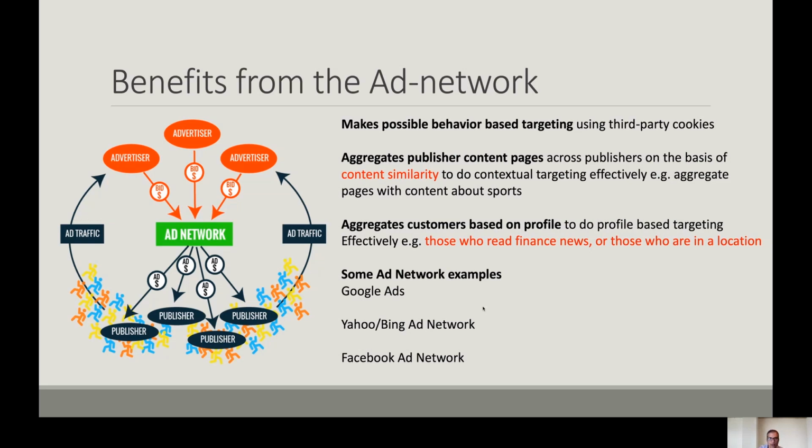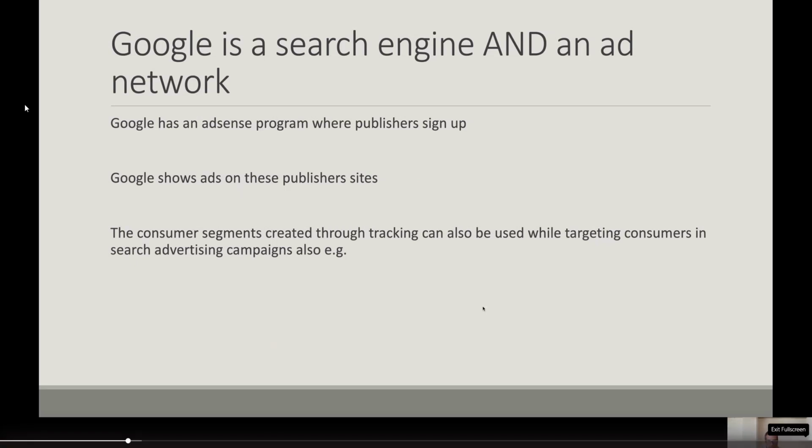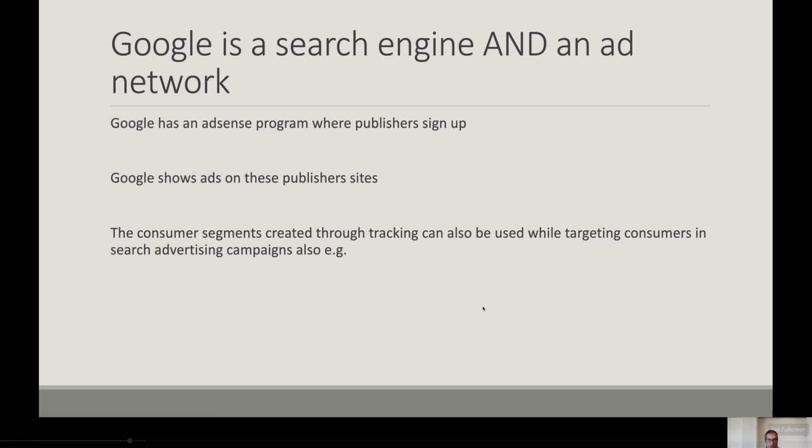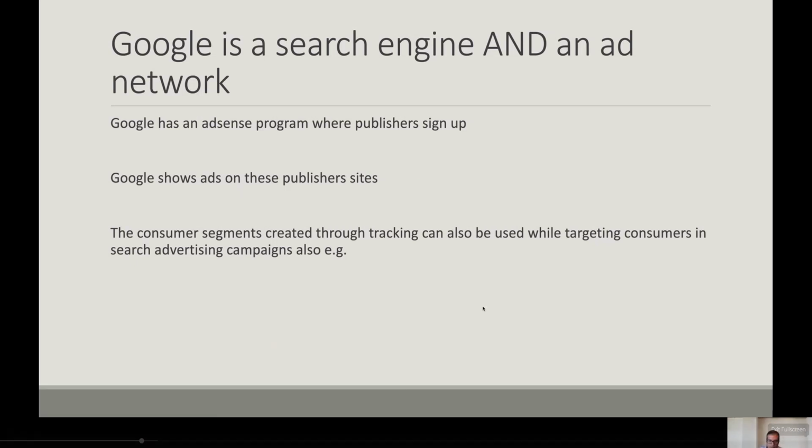Okay. Now, another way in which Google is very powerful is that it is not only an ad network, it is also a search engine, right? And so imagine that the consumer segments that can be created through tracking of consumers can also be used when you target those consumers in a search advertising campaign. So for example, think of the following situation, right? The third-party cookies have been used to track the kinds of sites that a consumer has visited.